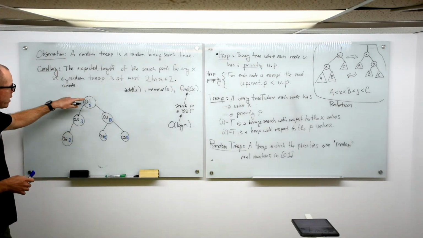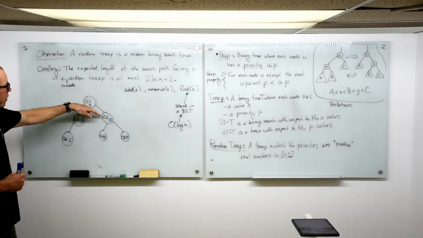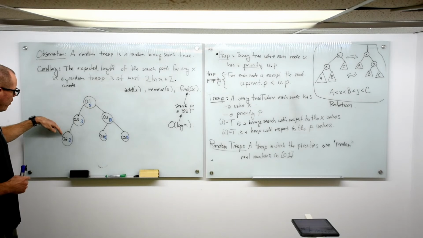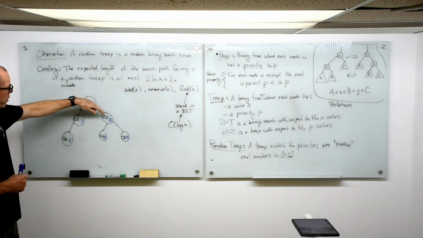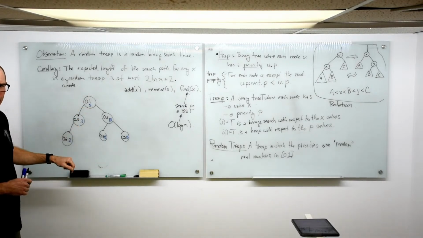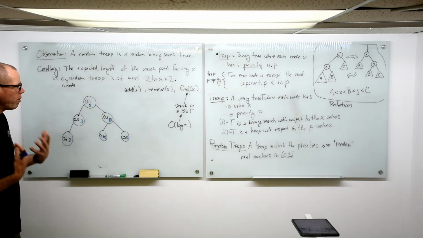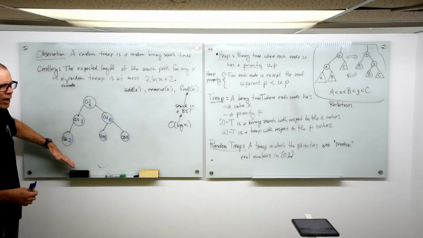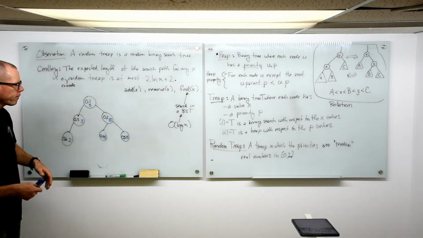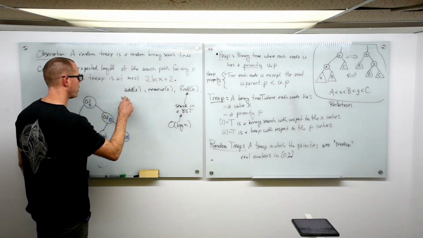And I'm going to pretend it's a random treap by pretending that these numbers that I wrote here, 0.1, 0.3, 0.2, and so on, were chosen at random to go with those keys. So you think of this as we've been maintaining this data structure for a while, and now it looks like this. And now someone comes along and says they want to add something.